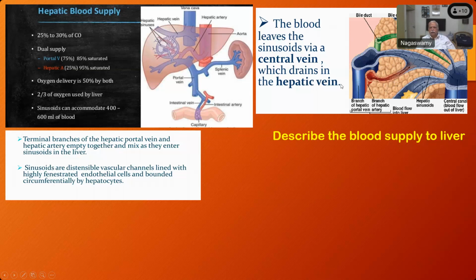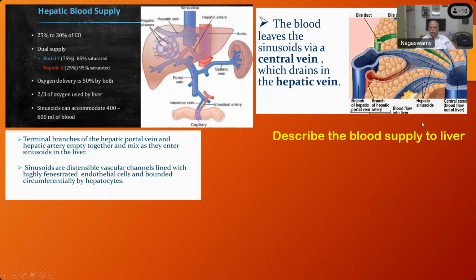All these three things combined together, the portal vein, the hepatic artery, and the biliary canaliculi, are called the portal triad, sir. Portal triad or porta hepatis. Very good. So the blood flows in one direction, the biliary canaliculi in another direction, and ultimately draining into the central vein.